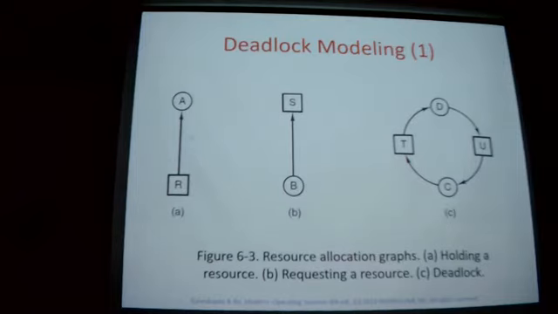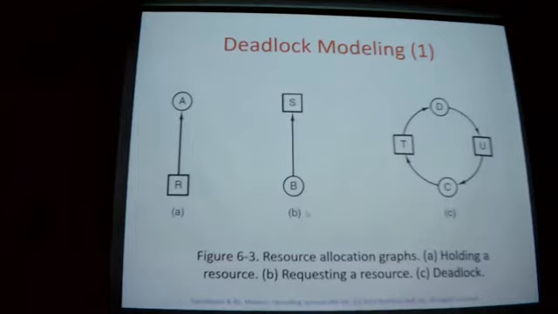Now, this arrow is from the resource to a process, so it means that process A now has resource R. Process A gets resource R.